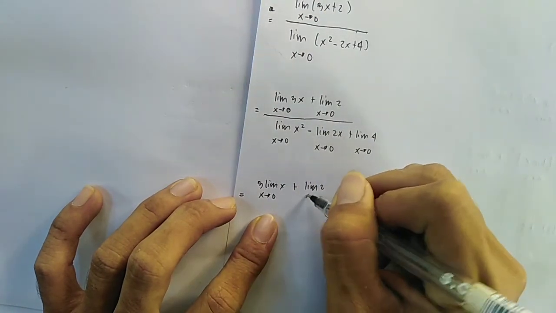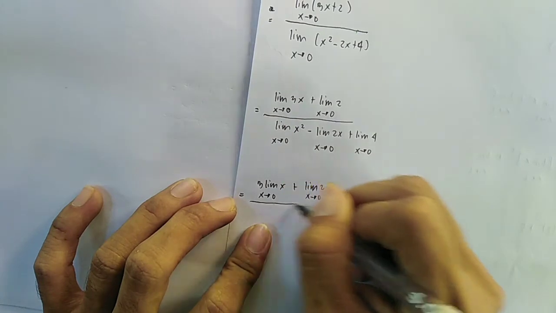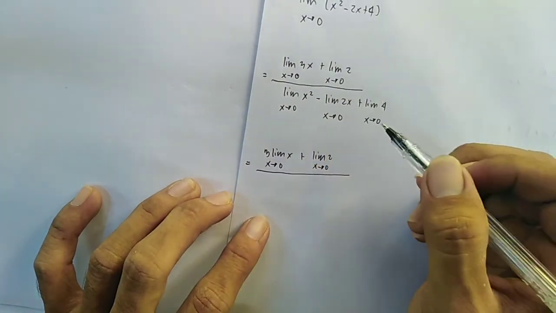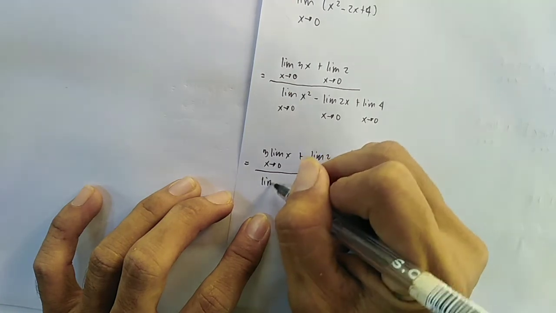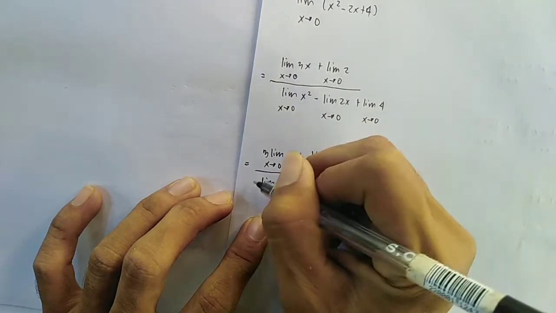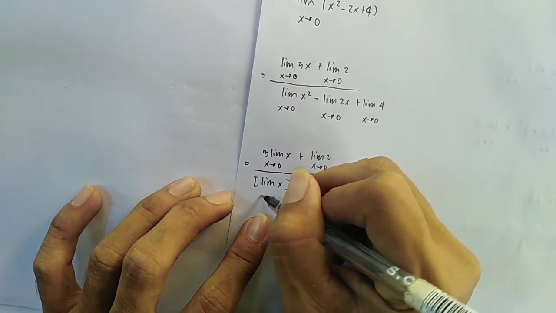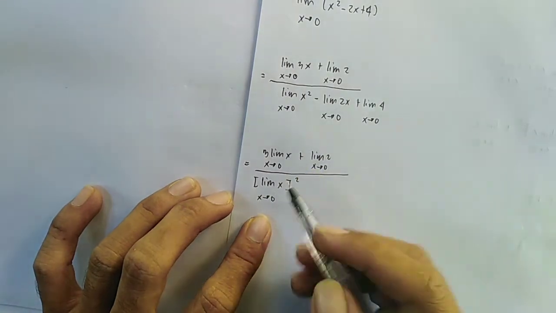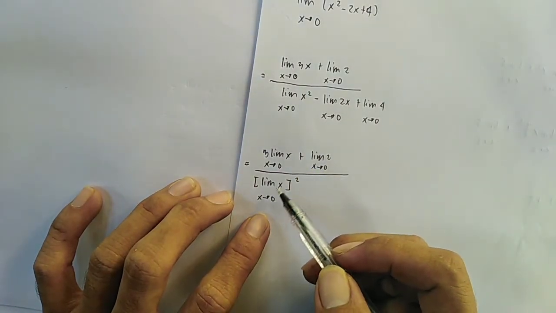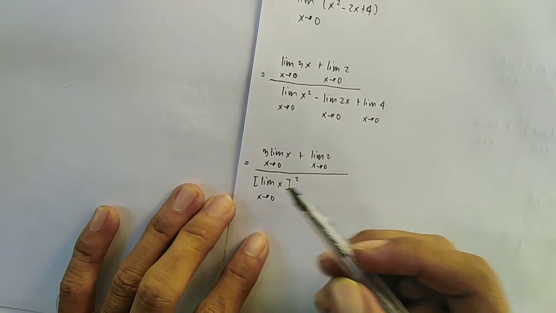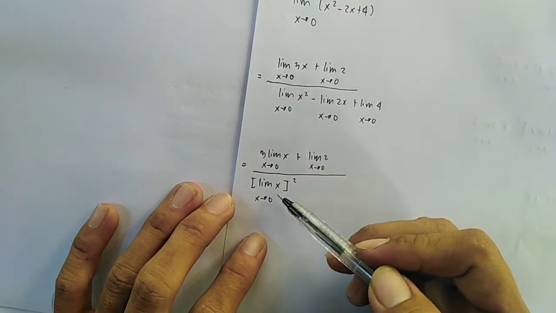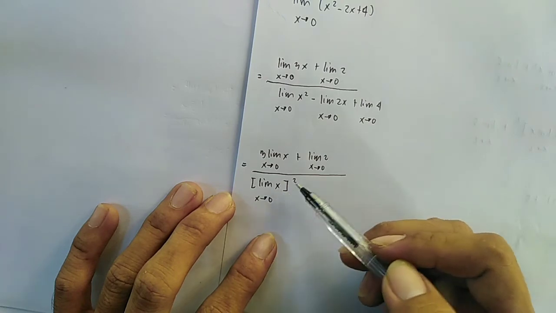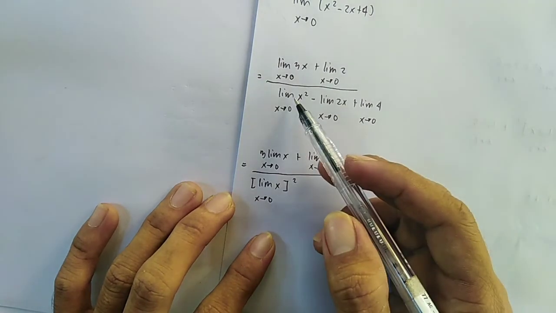Then over the limit of x squared, so we can have the limit of x to the power of 2 as x approaches 0. Again, our purpose here is to rewrite the expression into the simplest way of writing the limit. So we have the limit of x squared.